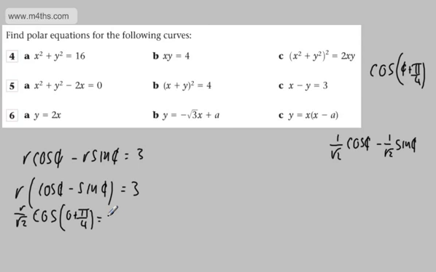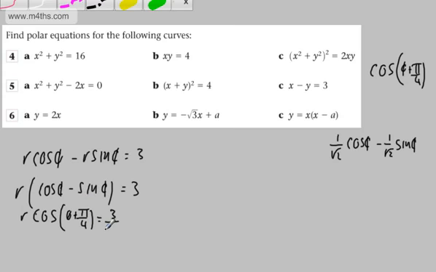We're going to have r cos of (theta plus pi by 4), and then we can write root 3 over 2. That would be more logical. Hopefully that makes sense. If it doesn't, I'm going to apologise in advance, but that looks pretty good to me.